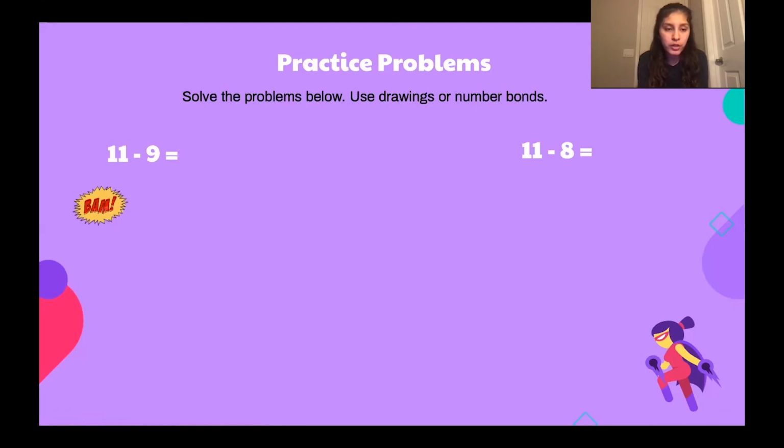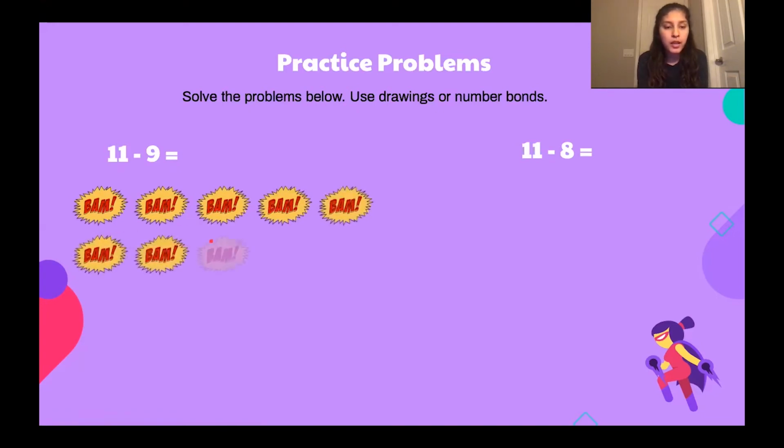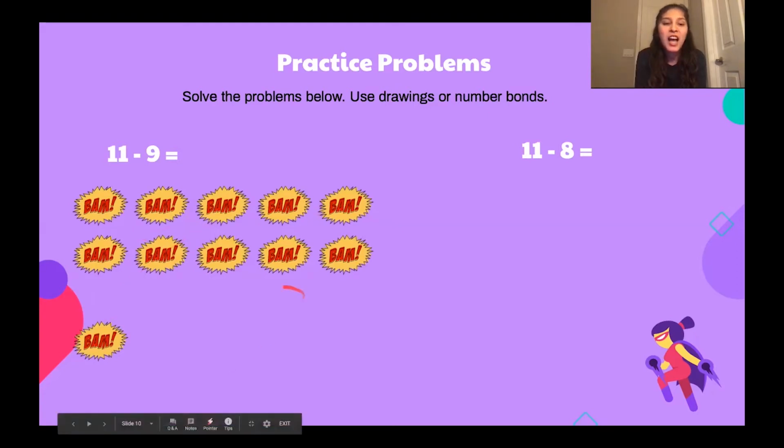drawing strategy. So I have 1, 2, 3, 4, 5, 6, 7, 8, 9, 10. So there's my tens frame. One more, 11. So 11 minus 9. So now I have 11 bams. I need to subtract 9.